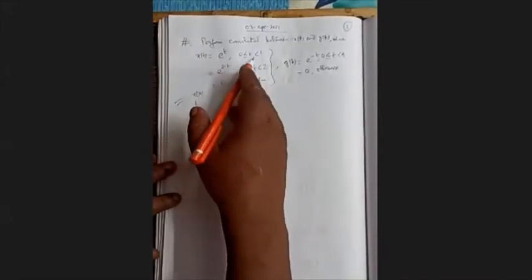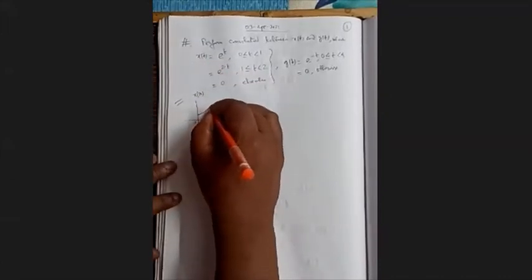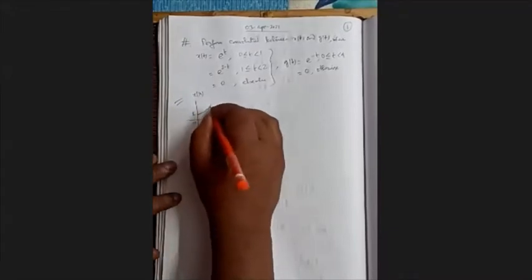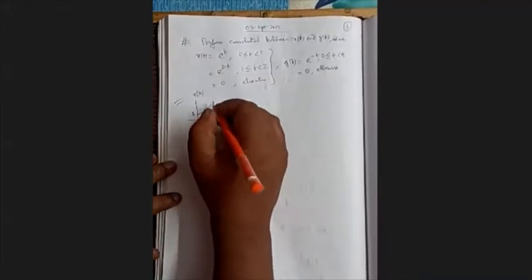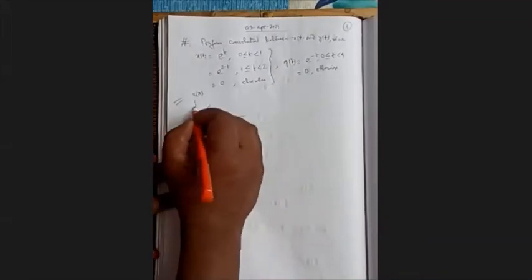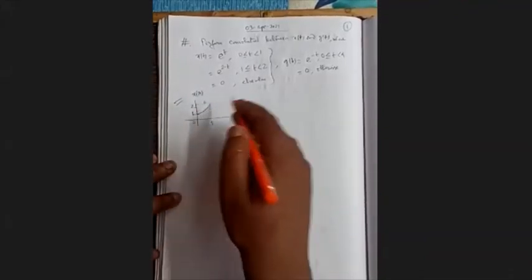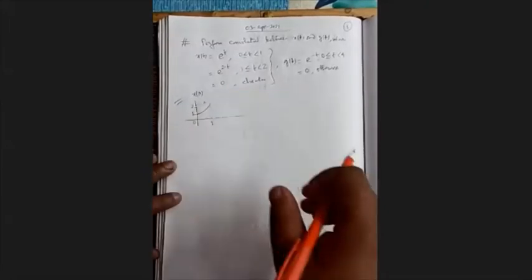At t equal to 0 it will be 1, so it starts with 1 and up to t equal to 1 it is that value. That value is e, 2.718, so it's more than 2.